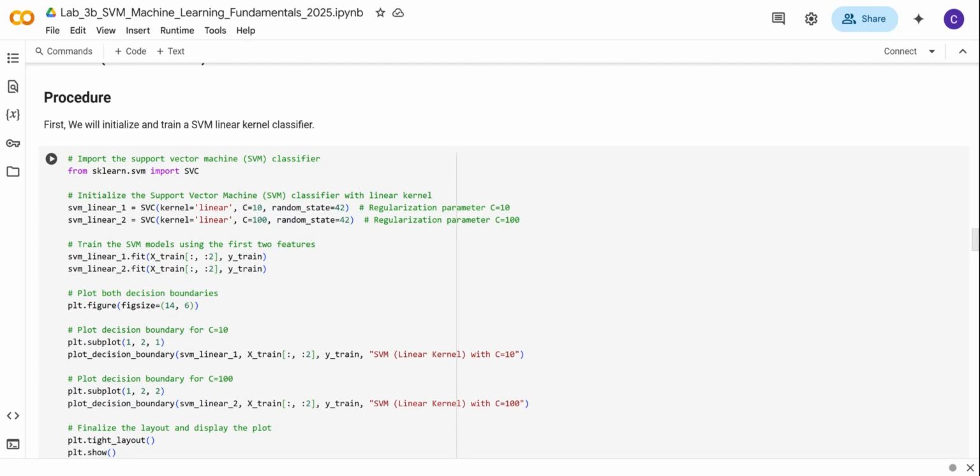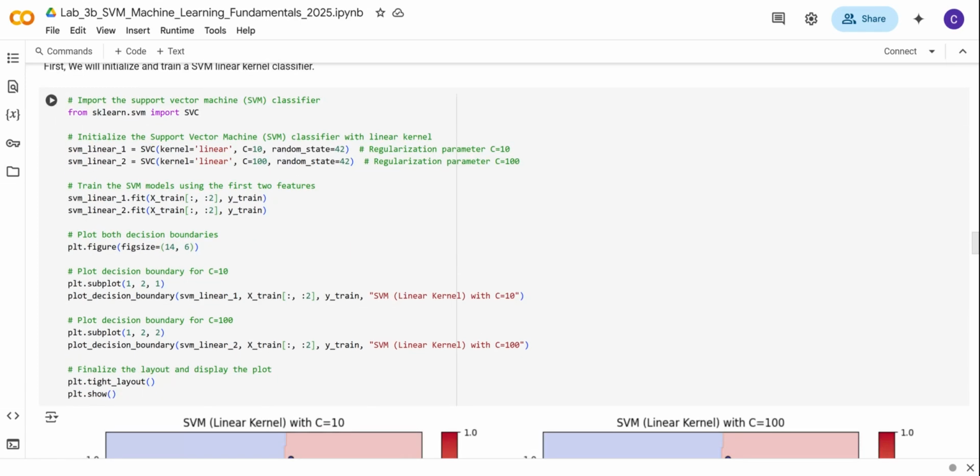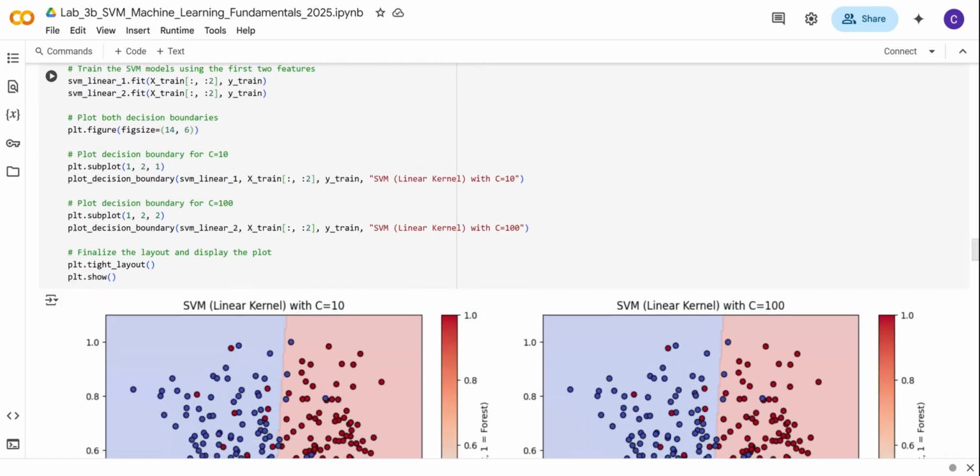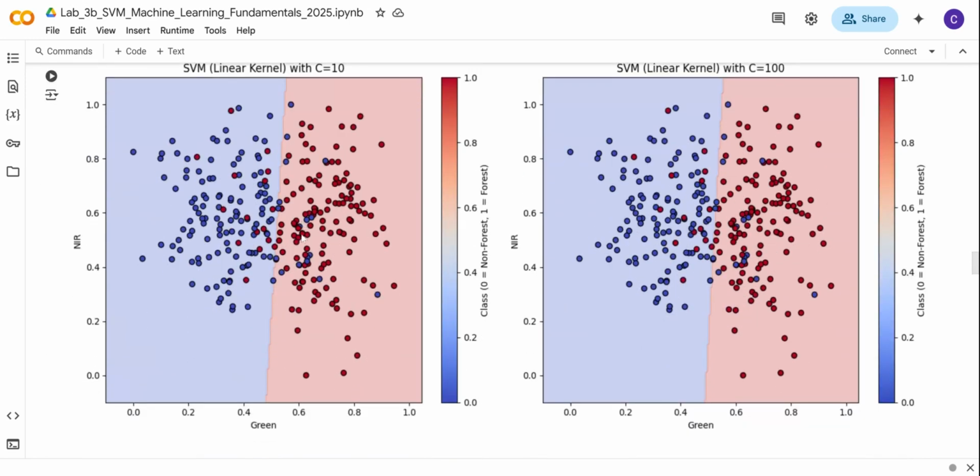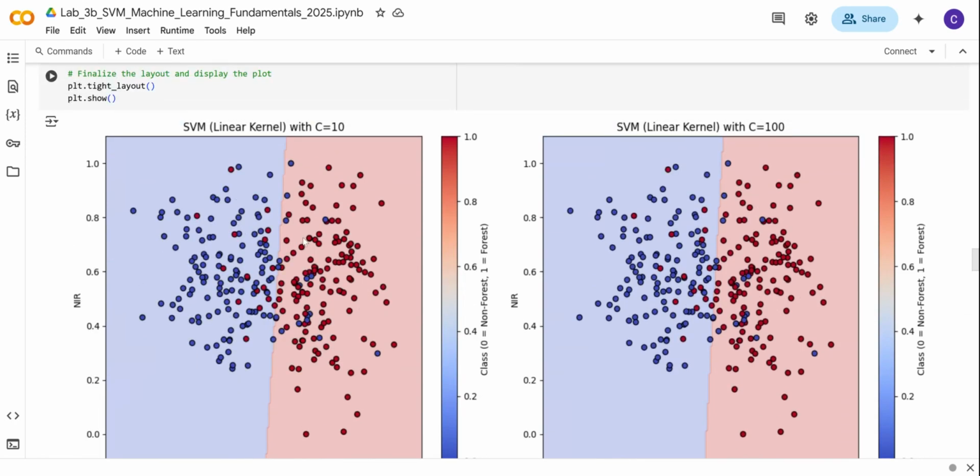We have the regularization parameter C of 10, and the random state is just so that we have reproducibility. We can run the code again and we get the same result. Then for case 2, the regularization parameter C is 100. If we run this code, we produce this decision boundary.